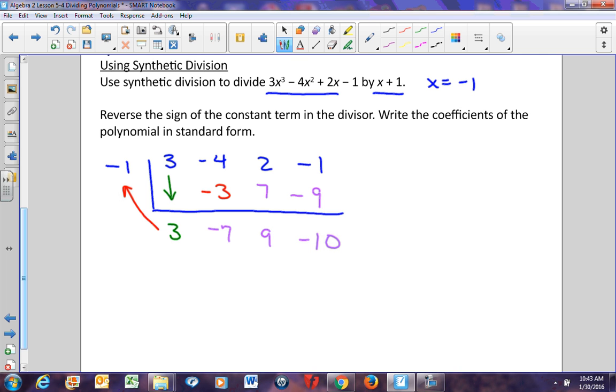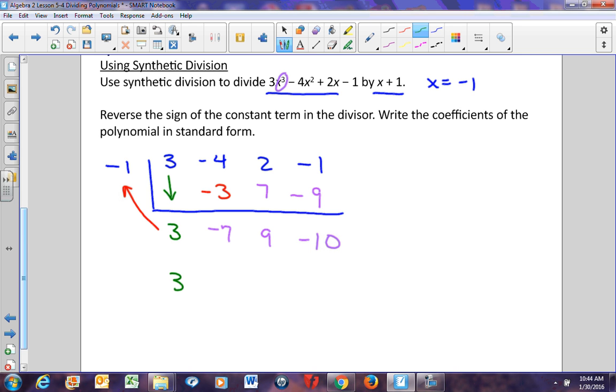The next thing you need to do, once you have finished dividing, is this: since we divided by x plus 1, and our first term was x to the third, our quotient gets written starting with the next exponent down. So it's not going to be an x to the third.